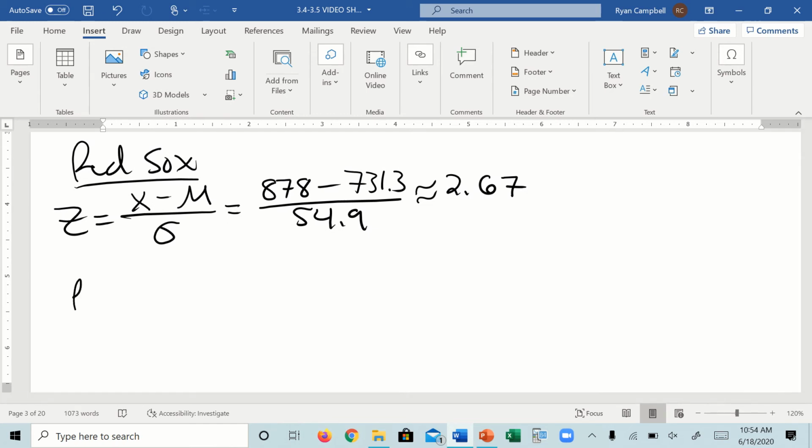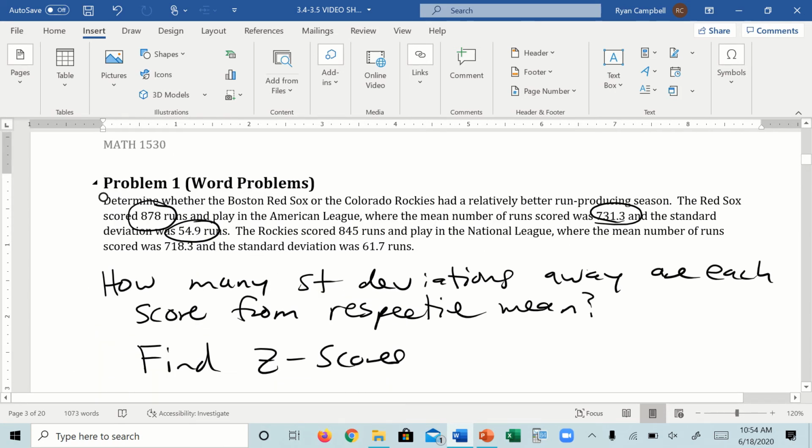So now let's check the Rockies. So again, this is going to be a population, x minus mu divided by sigma. X is the data value, so how many runs did the Rockies do?